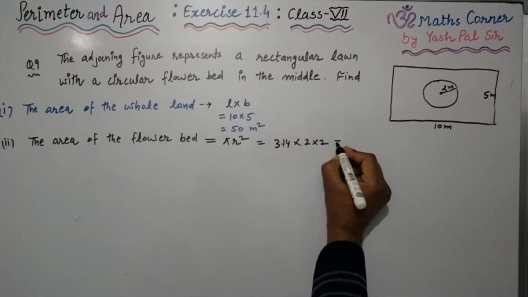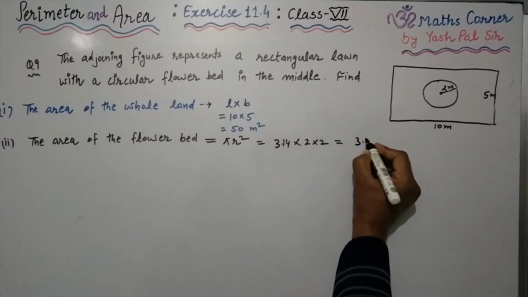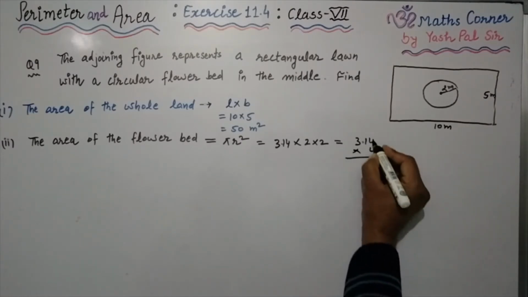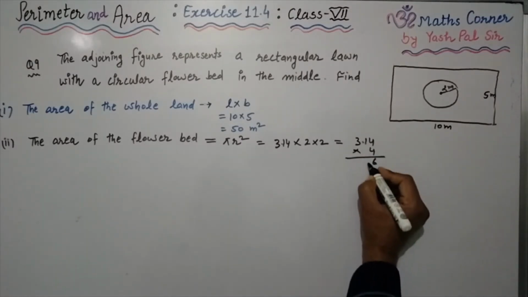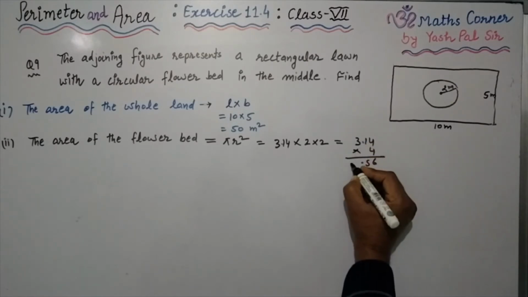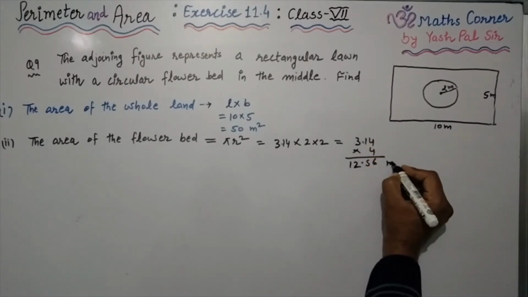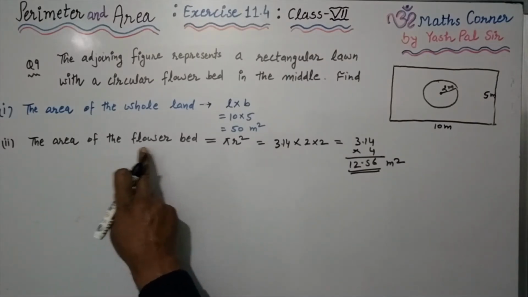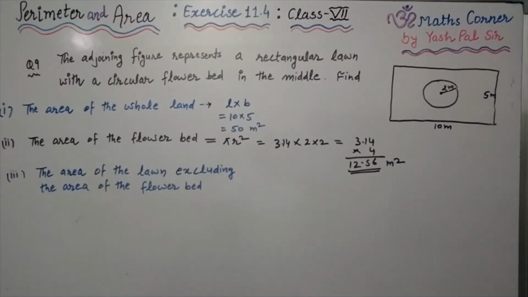So this is equal to 3.14 into 4, 4 into 4 is 16, 4 into 3 is 12, so 12.56 meter square. So this is the area of the flower bed.